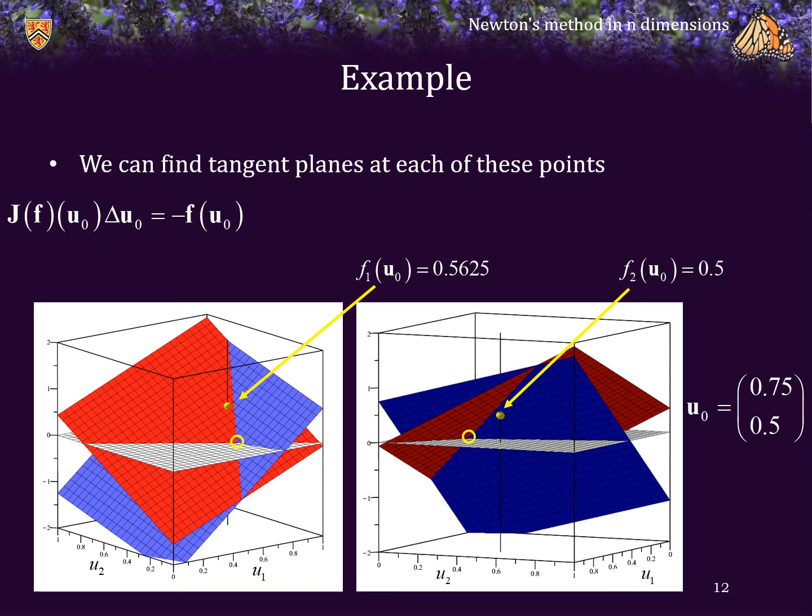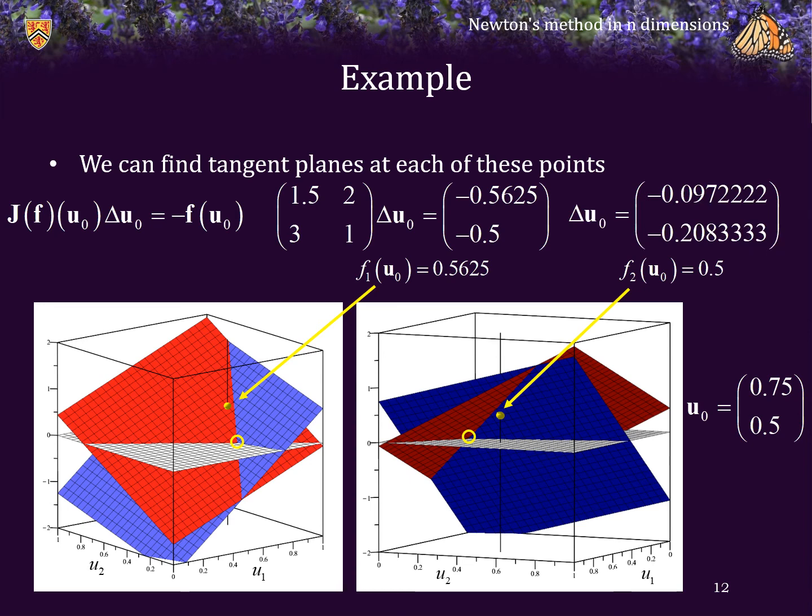Well, we find the Jacobian times delta x naught is equal to negative f at x naught. Substituting those values in, we have this system of linear equations, and we can solve for delta u naught.